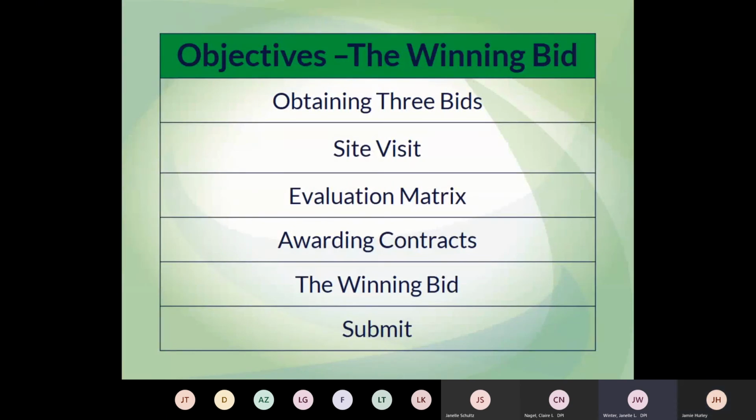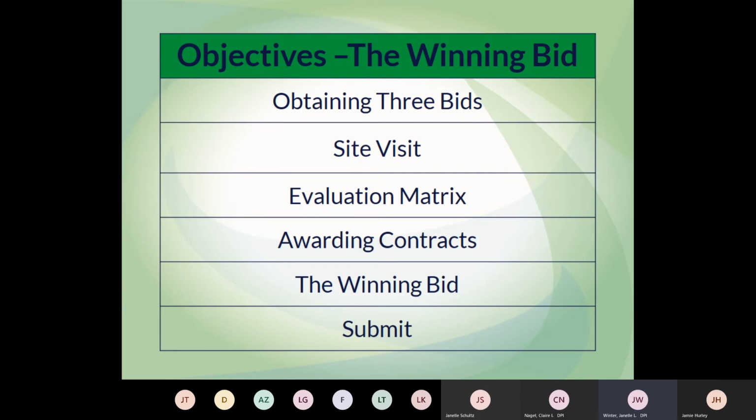Okay, today here's the objectives that we're going to be reviewing to help you with the winning bid. To obtain a winning bid, first of all, you need to be obtaining 3 bids, and that meets the criteria for the regulations. We're also going to review some guidance for site visits, and then also review the evaluation matrix, which is one of the documents that will need to be filled out and returned for your grant application.